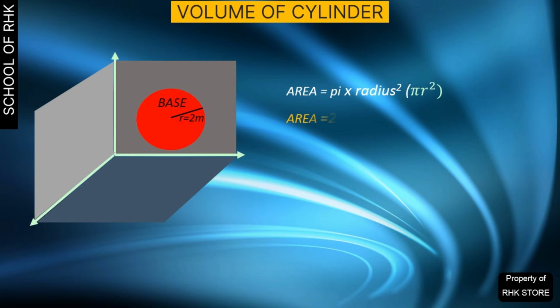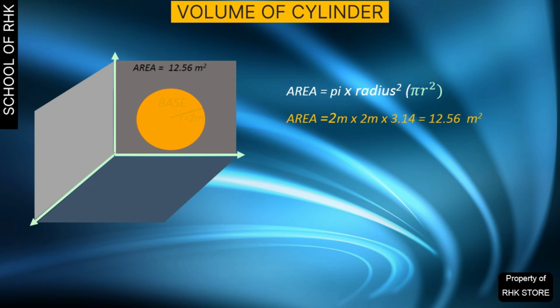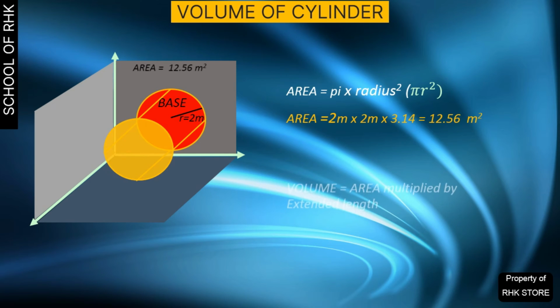Then we multiply by pi, a natural number, whose value is 3.14, and we get the area 12.56 meters squared. The cylinder is made by extending a circle. So we just multiply the area of the circle by the length that the circle was extended.